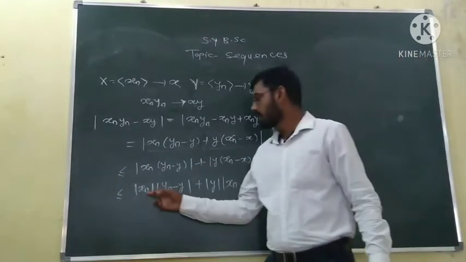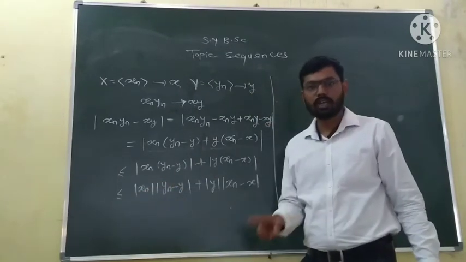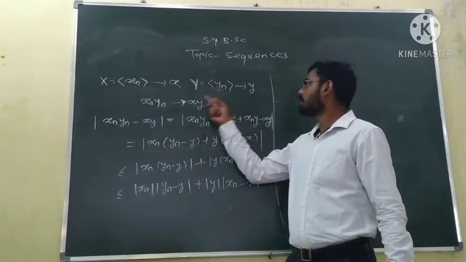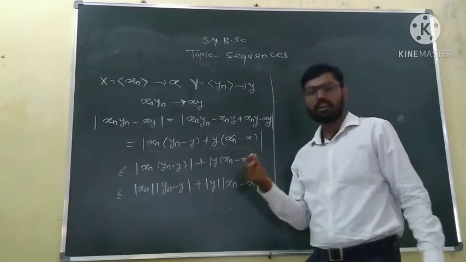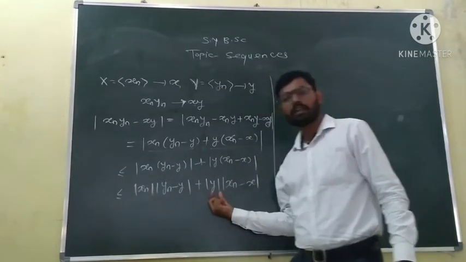Now the sequence xn is convergent, so it must be bounded. Also y is nothing but the limit of the sequence yn, so it is some real number. So both these elements are bounded.